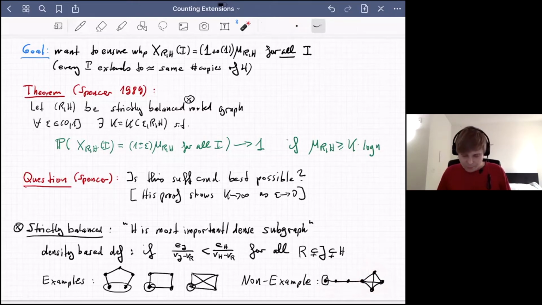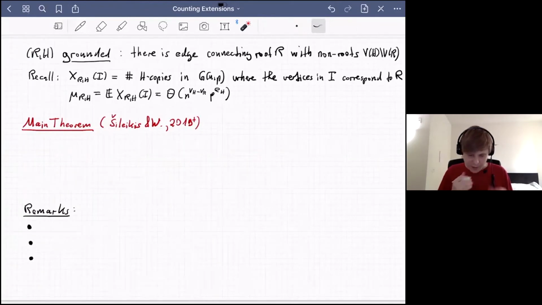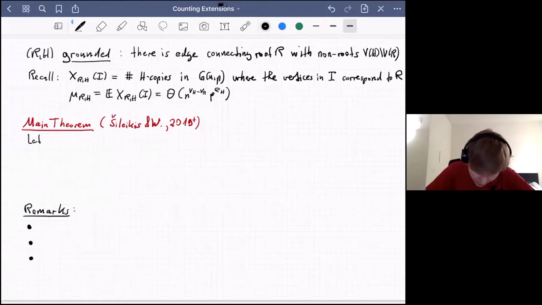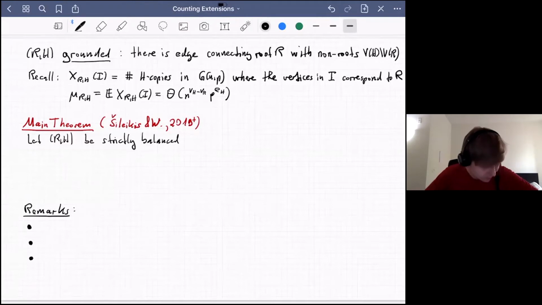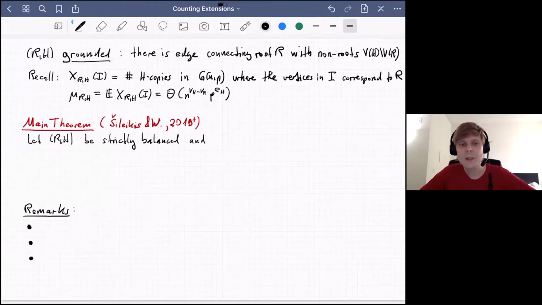So we were interested in answering this question of Spencer. And how does our answer look? Here, again, we want to look at some rooted graph, let's say strictly balanced. For the statement I'm writing down, we need one more definition. It should be grounded. What does grounded mean?